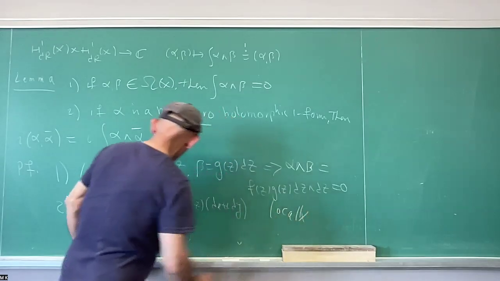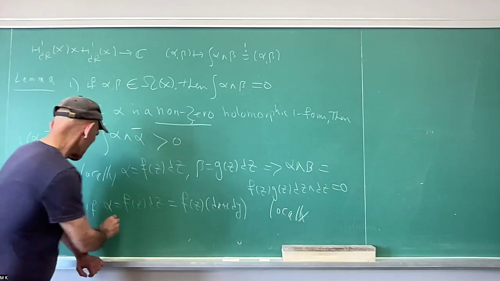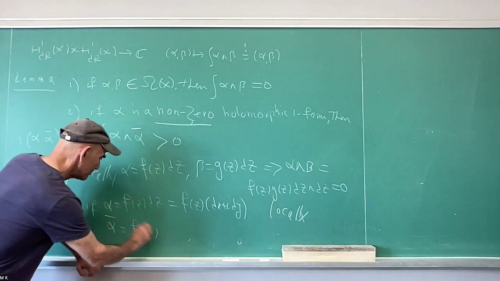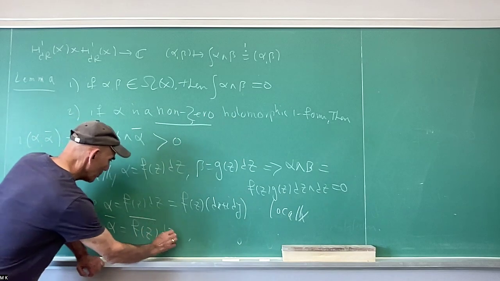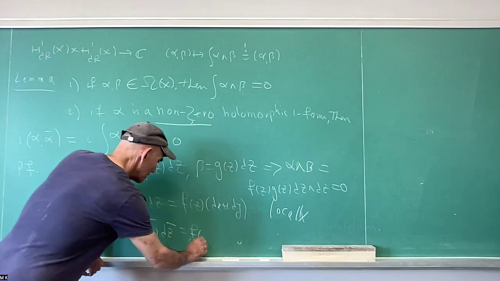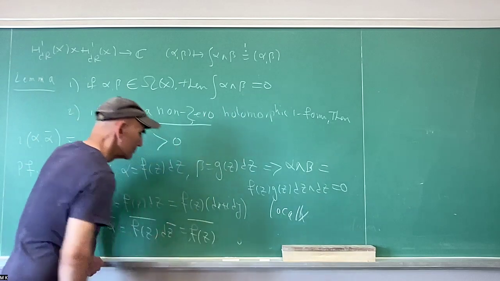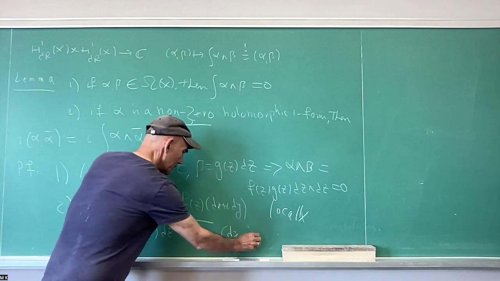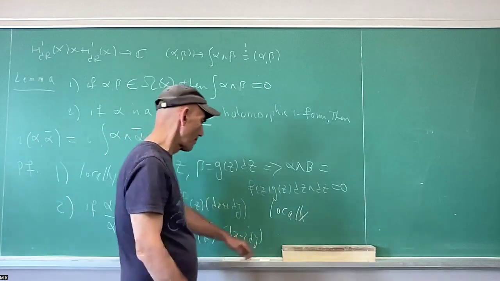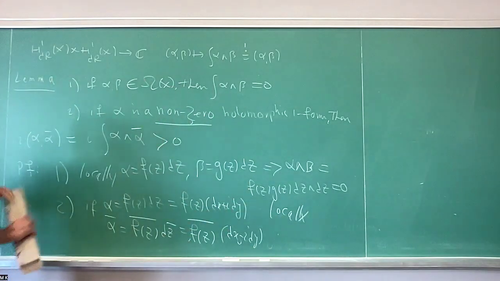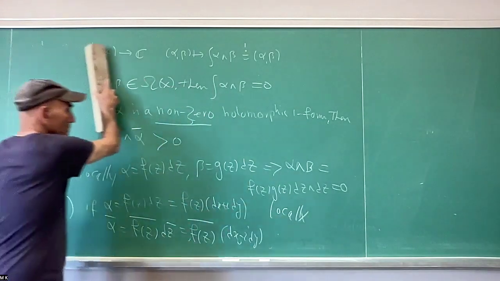And if you look at what alpha bar is, this is f of z bar times dx minus i dy. I'll finish soon actually.